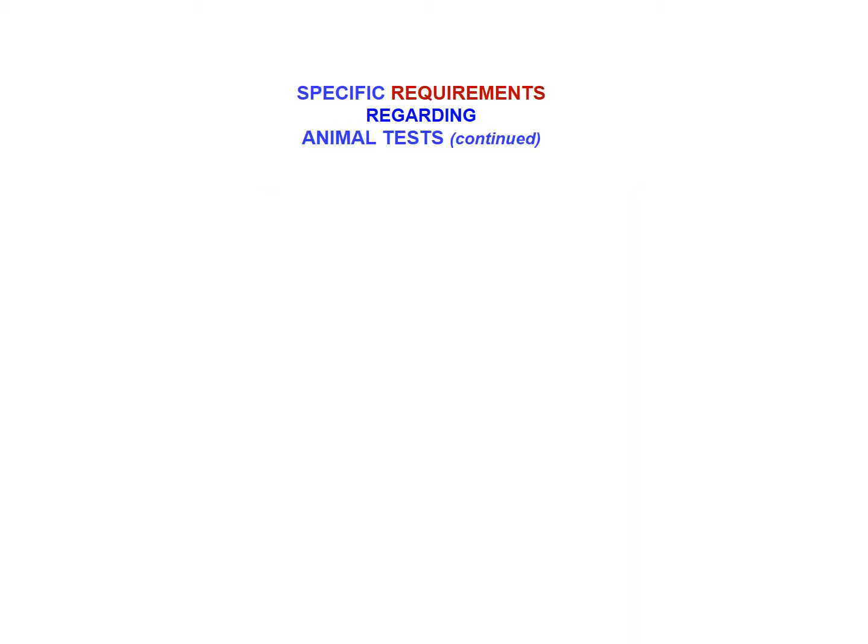An institution where animal tests are conducted must also provide an appropriate animal facility. The Animal Welfare Act and the pertinent amendments specify and define the regulations pertinent to the animal facilities.